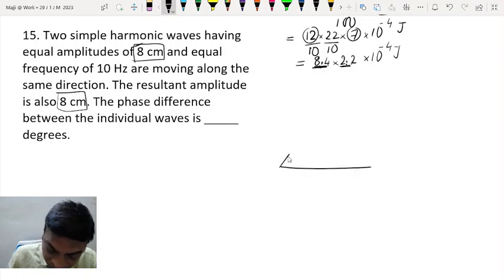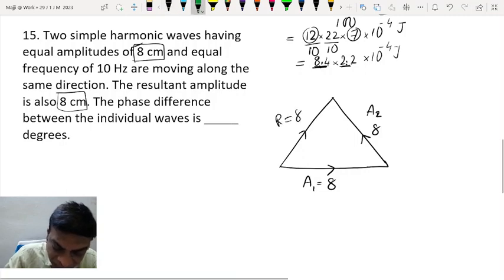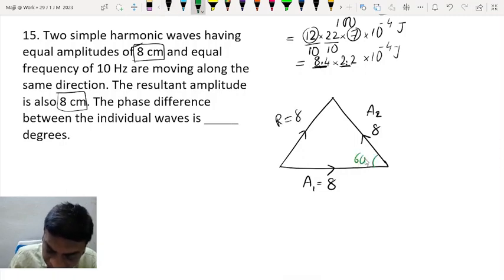So that means the vector addition will give you a triangle. So these are the two original vectors which have to be added, and this is the resultant which is also 8. Since it is an equilateral triangle, each of these angles must be 60 degree. Now we have to find the phase difference between the individual waves.